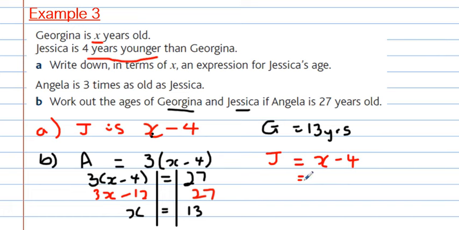And X is 13, so 13 minus 4 will give you 9. 9 years old. So we've answered the question. We now have the age for Georgina, which is 13 years, and the age for Jessica, which is 9 years.